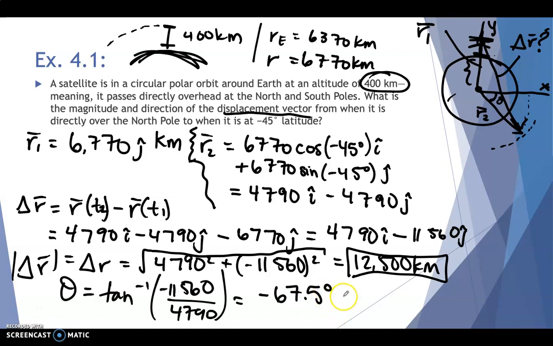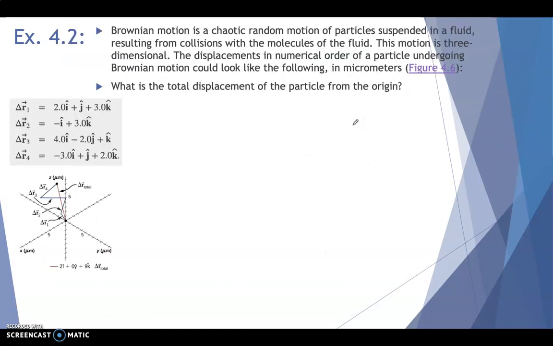Okay, so this is the direction of our displacement vector and the magnitude of our displacement vector. So this one may have seemed a little bit tricky, but not too difficult once you get through the math. Okay, all right, let's move on and look at another example.